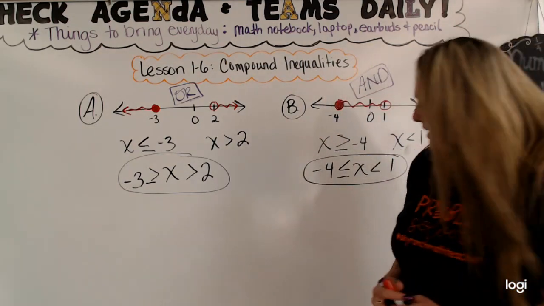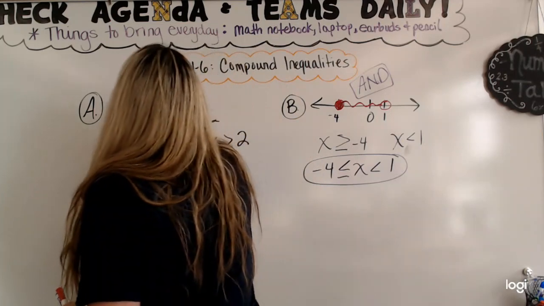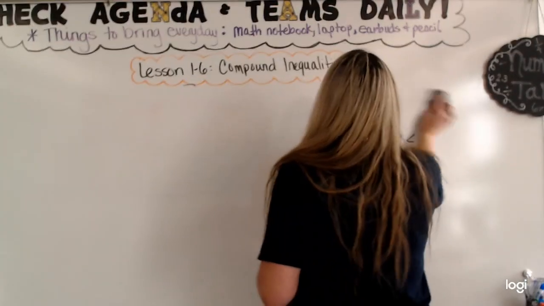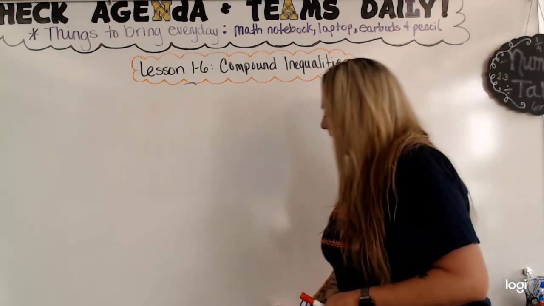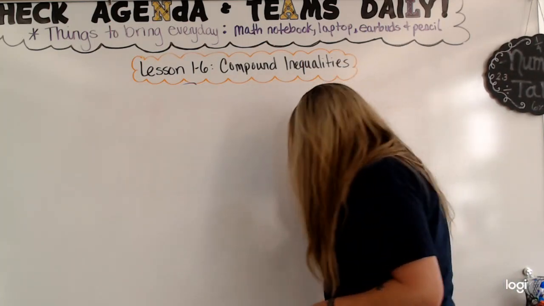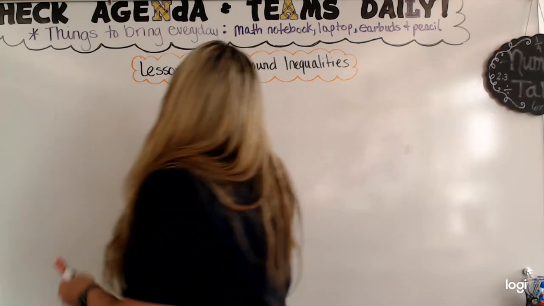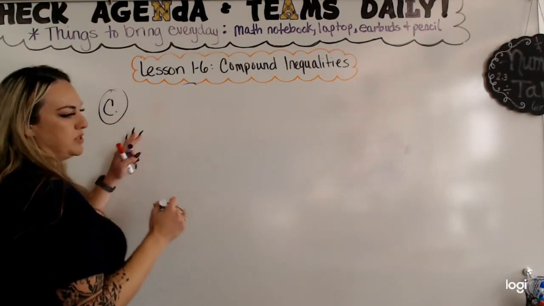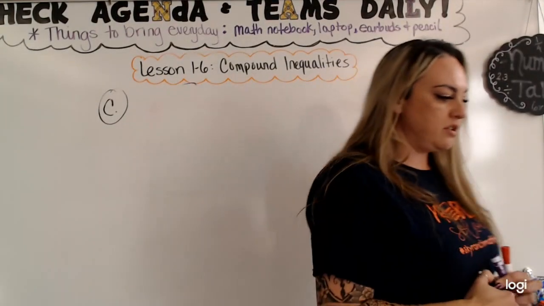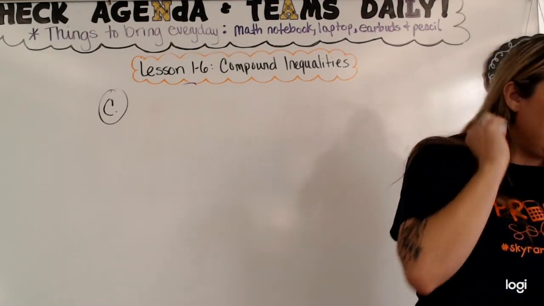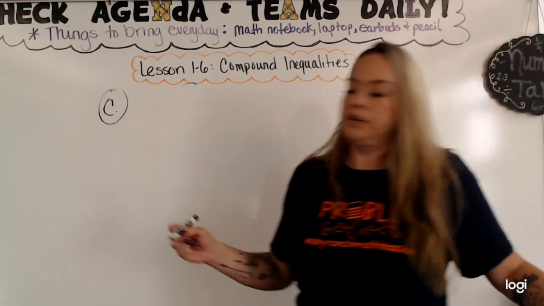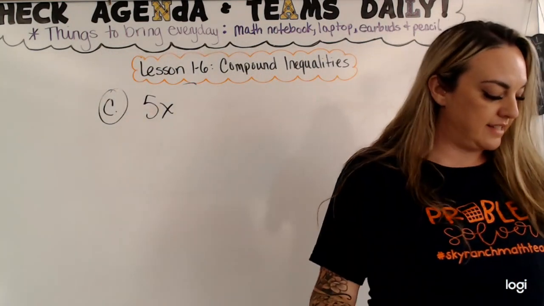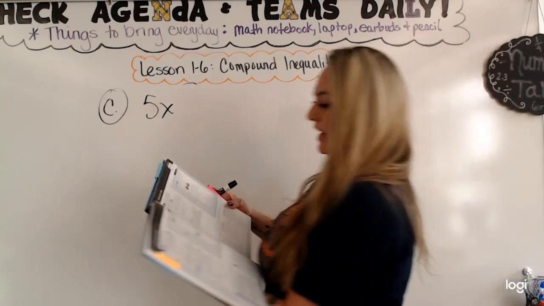So in this case, we're going to work backwards. We're going to have some inequalities that actually need to be solved and then graphed. Remember from lesson 1.5, we were graphing after we solved them. This is going to be example C. In this case, it does tell us if it's an or and.